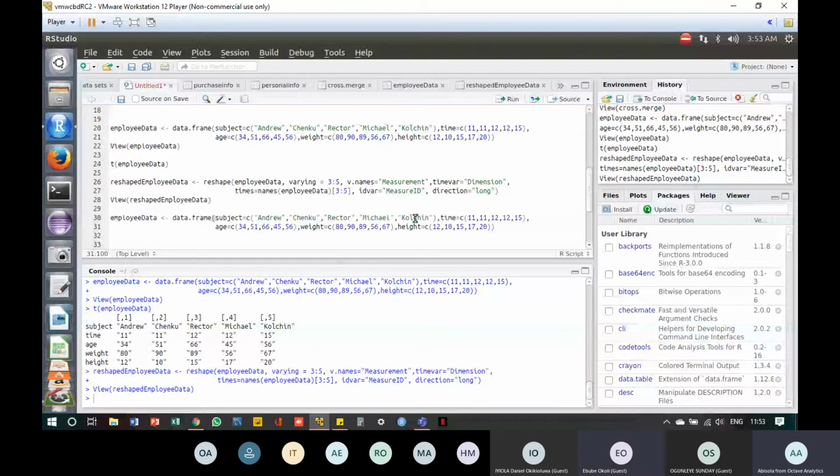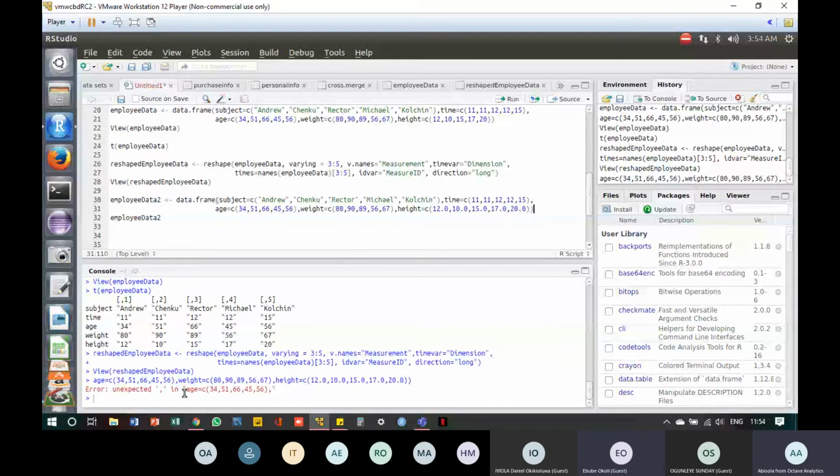I think that's probably the issue with it. But let me just see. Unexpected comma in each. Which comma? Oh, okay, I understand.